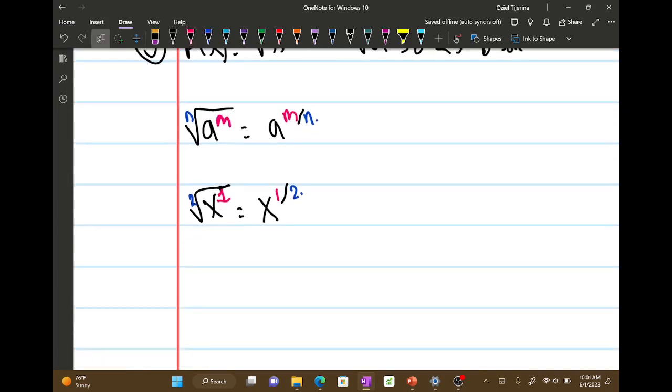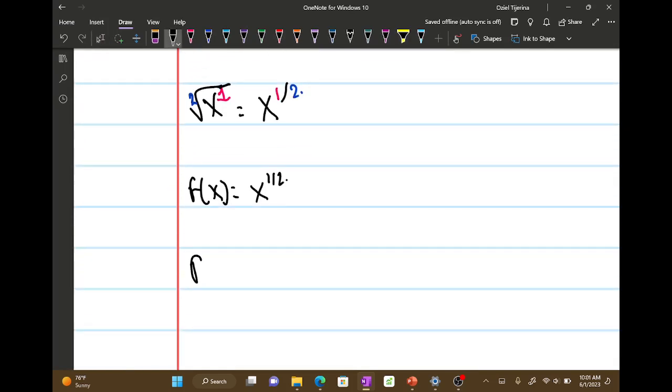So if we use the power rule for this, we know that f of x is x raised to the 1/2 power. Then f prime of x, we're going to grab this, move it over here, so 1/2, bring it down, and then times x to the 1/2 minus 1, right?